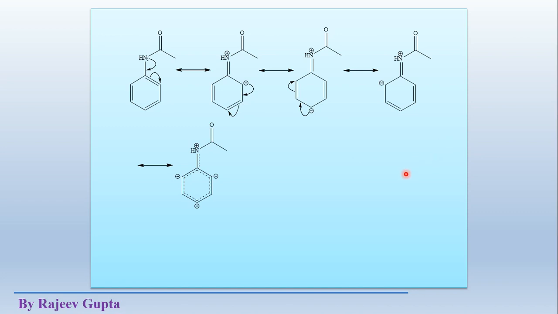So this is what we have seen in today's lecture: plus I and plus R effect containing mono substituents which are ortho and para directing, and which activate the aromatic ring system for electrophilic aromatic substitution reactions. Okay, thank you.